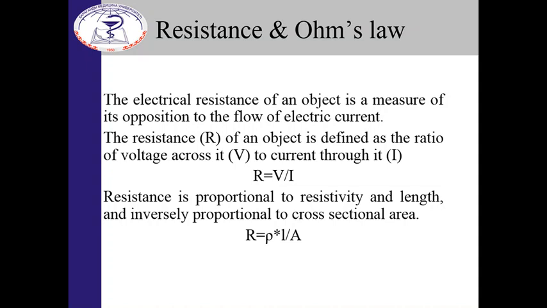So the resistance of an object in a given circuit could be calculated through Ohm's law, and you can see it here. Resistance in a circuit is the ratio between the voltage, again it's a driving force, the electromotive force, something that pushes these charges through this particular object, and in the denominator, we have the current itself.